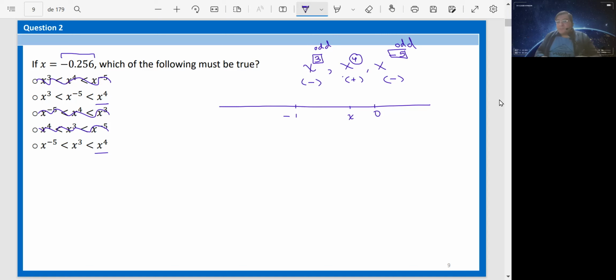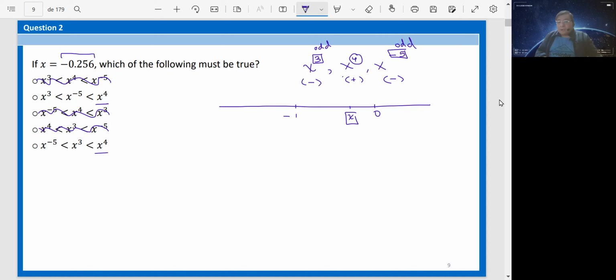Perhaps you might think that this is a little difficult to get. So why not try a simpler number? Instead of operating the actual value of x to the 3 or to the negative 5, you know that all negative decimals in the range between 0 and negative 1 have the same behavior regarding their powers or their roots.